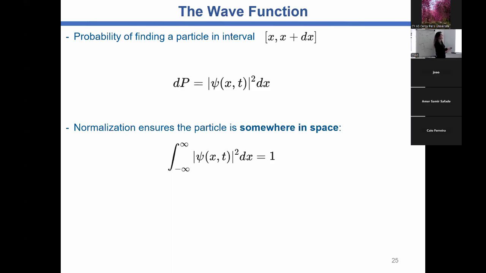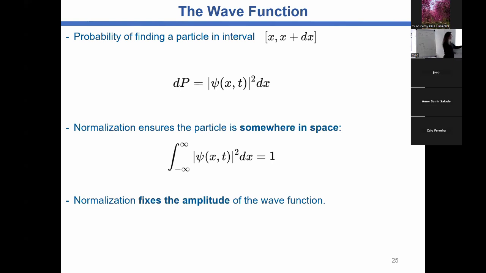The probability to find it will be given by this normalization, and this normalization will fix the amplitude of the wave function.